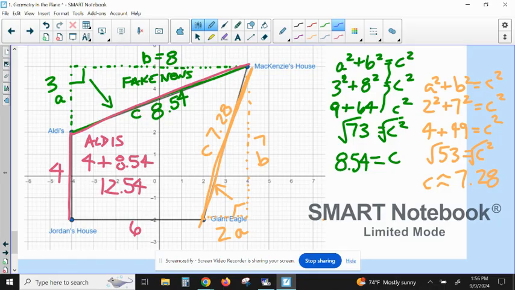That means if they were to go to Giant Eagle, that would be 6 plus 7.28. What do we get? 13.28.